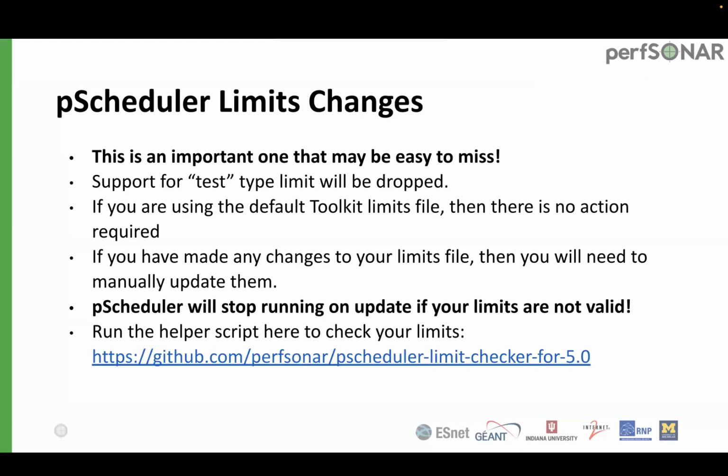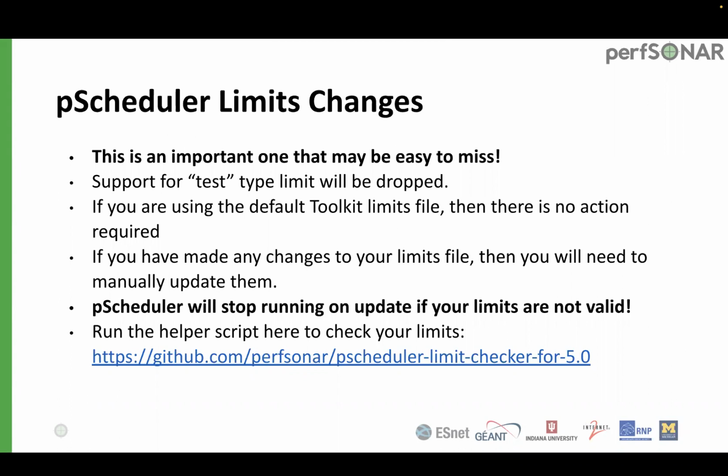If you have made any manual changes to your limits file, though, then you'll need to take a look and see if you have any of these. And if you do, you'll need to manually update them. This is something you can do before 5.0. You can do it after this call. We do have a script that's linked here and is also in my email that went out Wednesday, basically for checking those. There are some instructions in the README.